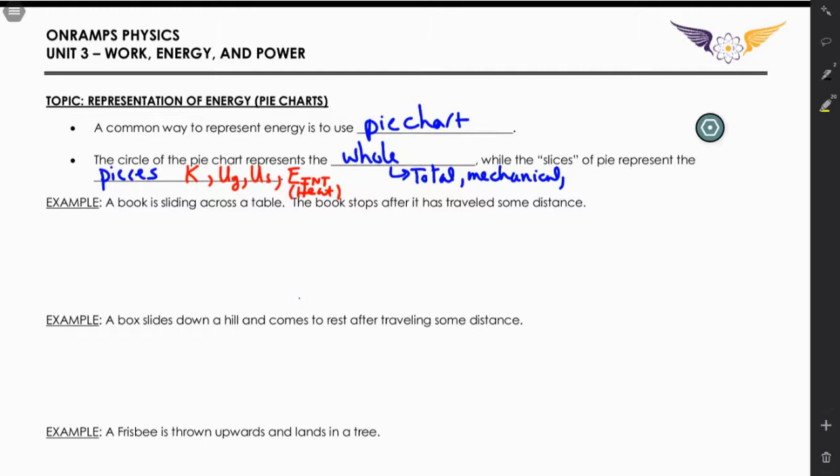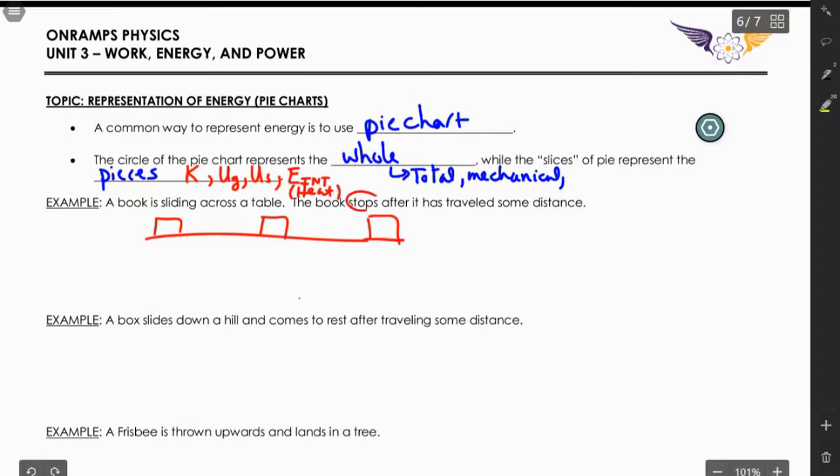Here's my book on the table: one at the beginning, one in the middle, and one at the end, where it comes to a stop. Our system is the book and the table, because if you don't have those two as your system, these become a little more difficult. You'll see when we do the last two examples.